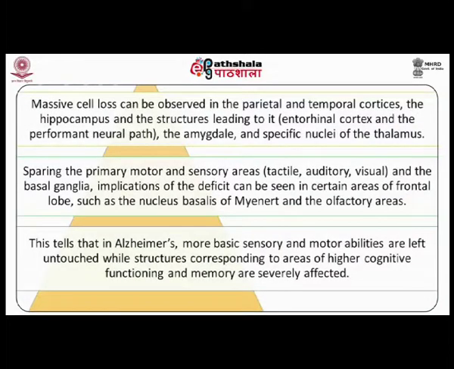Massive cell loss can be observed in parietal and temporal cortices, the hippocampus and the structures leading to it, entorhinal cortex and the perforant neural path, the amygdala, the specific nuclei of the thalamus, sparing the primary motor and sensory areas, tactile, auditory, visual, and the basal ganglia.